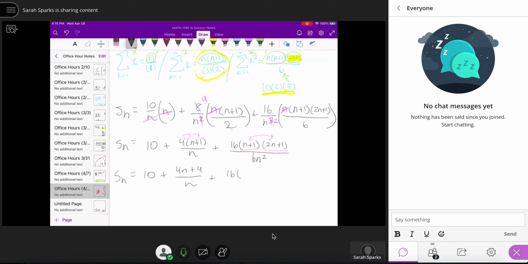That should be the same thing every time. You're always going to multiply that n plus 1 times 2n plus 1. So it should be 1 plus 3n plus 2n squared over 6n squared.